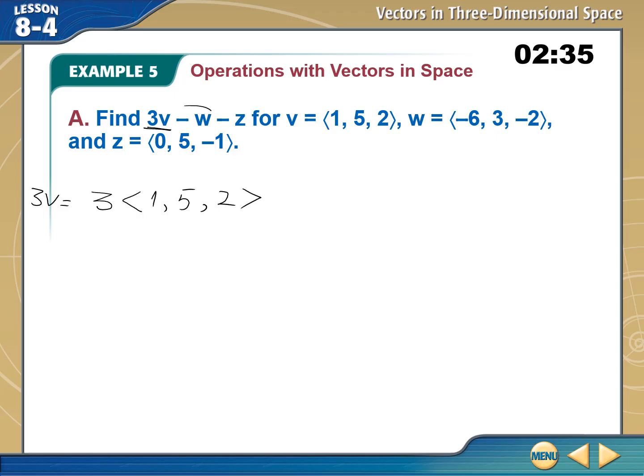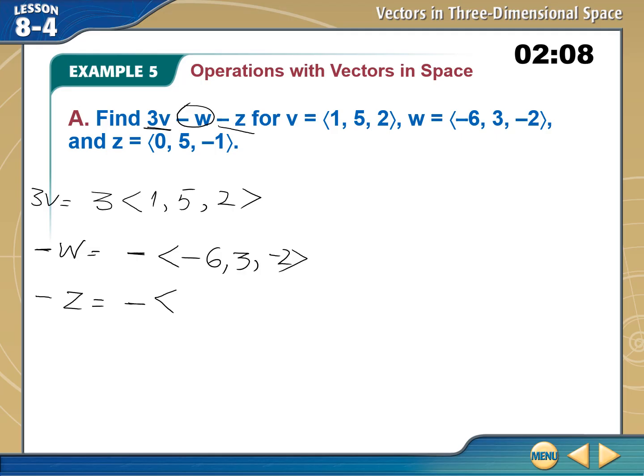Then it is written minus w, which means you have to multiply the whole vector w with the negative sign. Now the last thing is minus z, which means you have to multiply the whole vector z with minus.